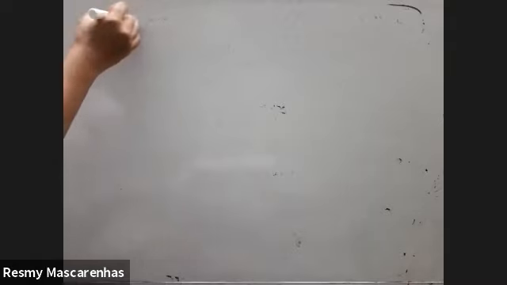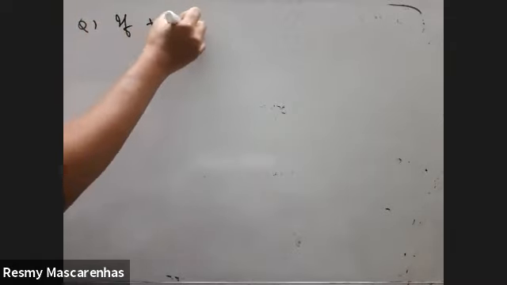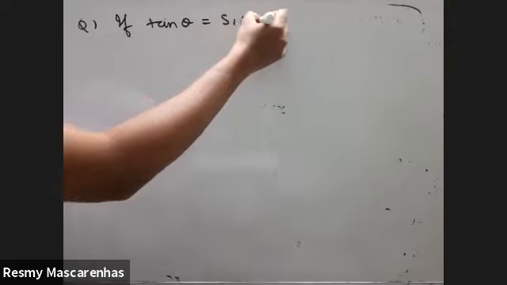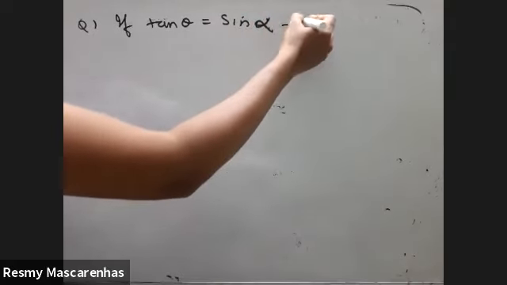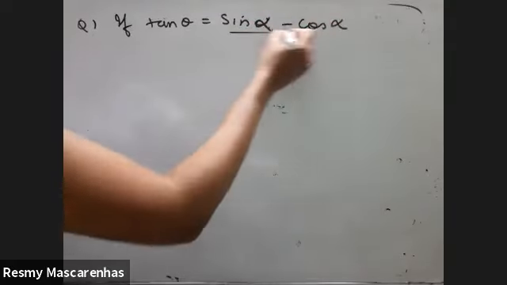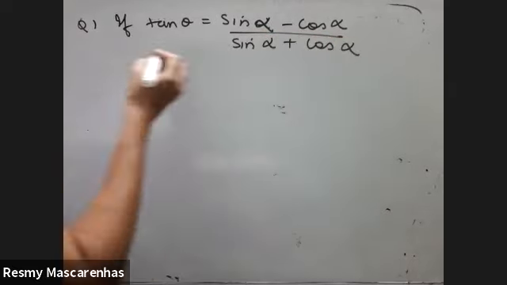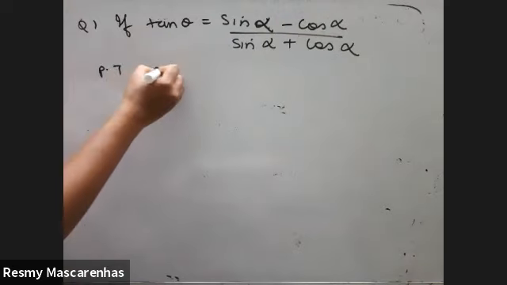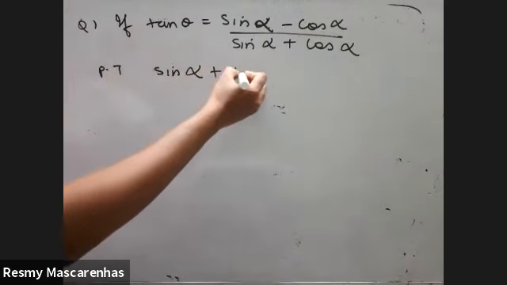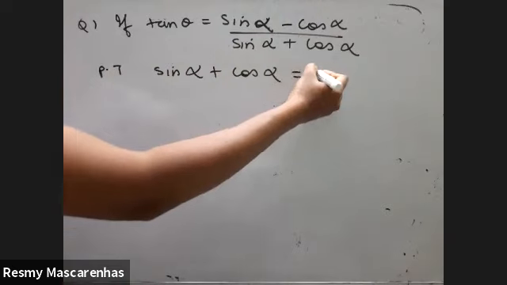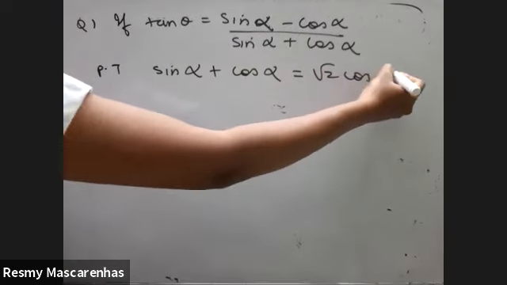Next question. Tan theta is equal to sin alpha minus cos alpha upon sin alpha plus cos alpha. Prove that sin alpha plus cos alpha is equal to root 2 cos theta.